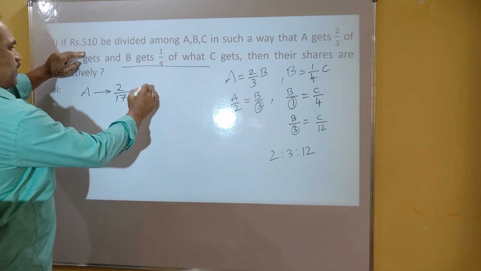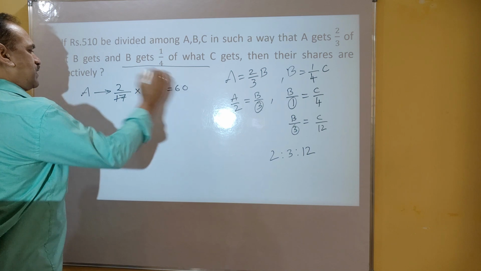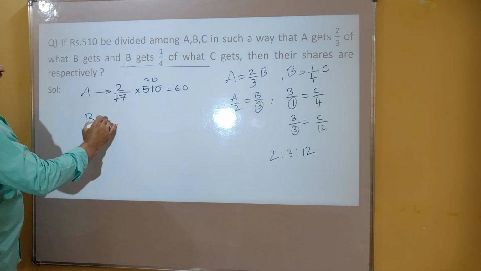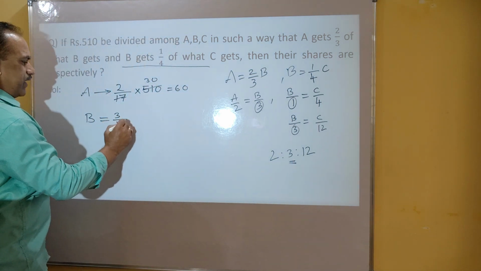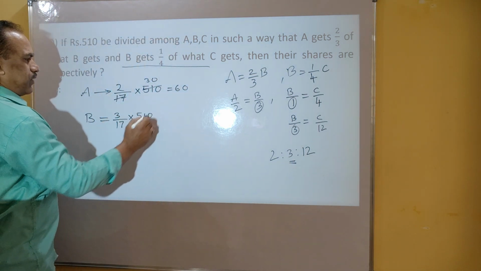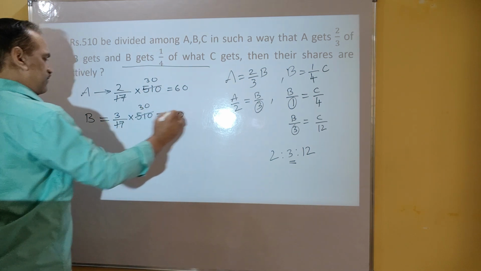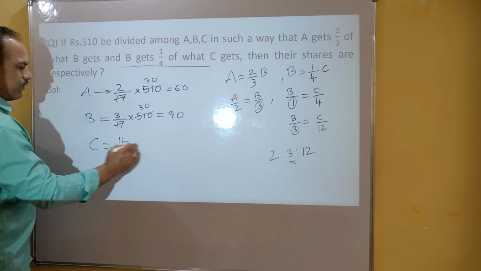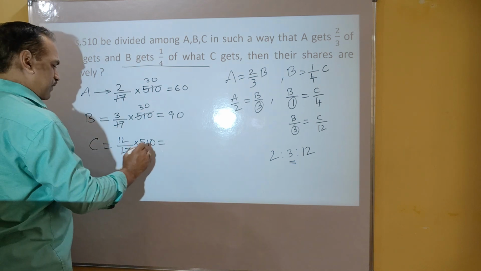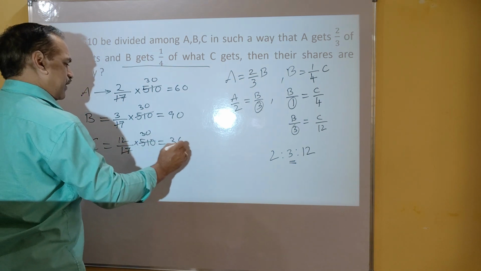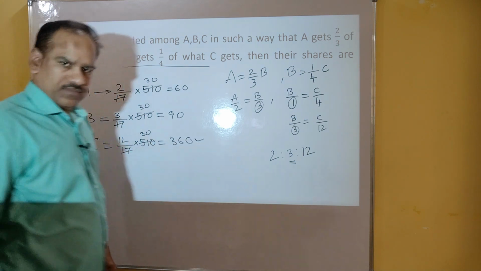If the amount is 510 rupees, then A receives 60 rupees. What is B's share? B gets 3 shares out of 17. So out of an amount of 510, B gets 90 rupees. C's share is 12 out of 17. So if it is 510 rupees, 360 rupees is the share of C.